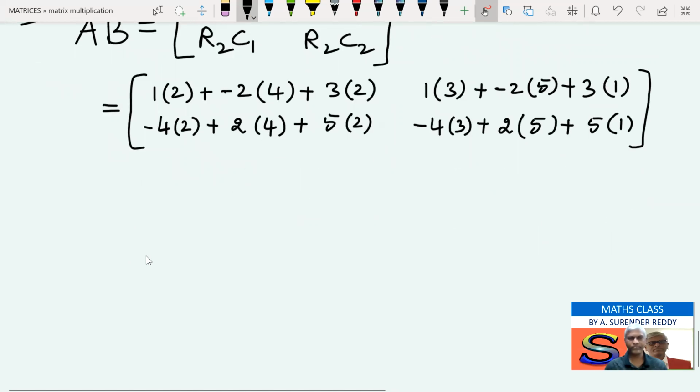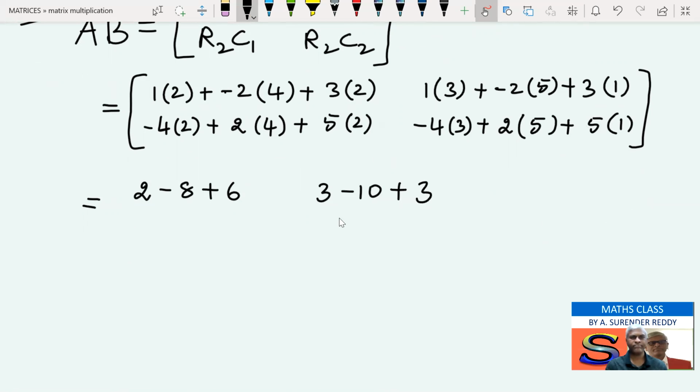Now simplify. 1 into 2, 2. Minus 2 into 4, minus 8. 3 into 2, 6. 1 into 3, 3. Minus 2 into 5, minus 10. 3 into 1, 3.